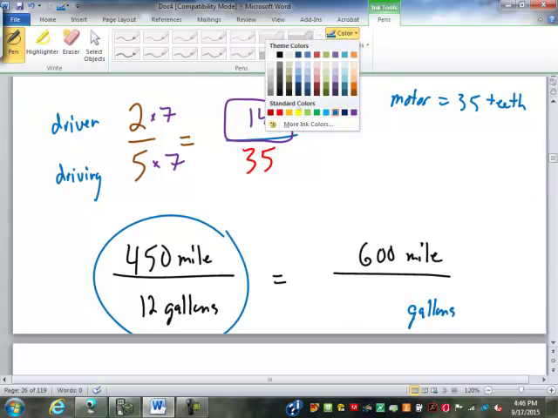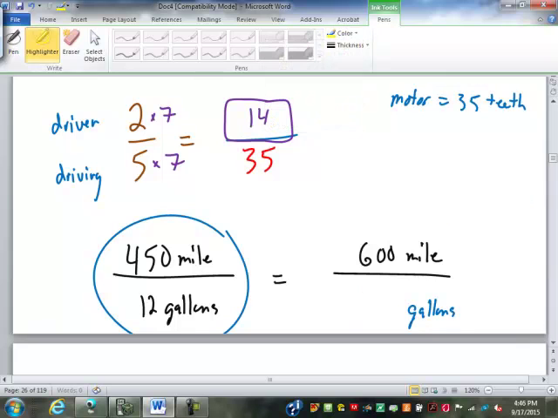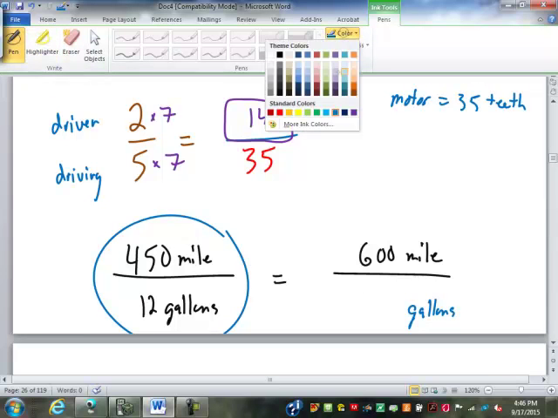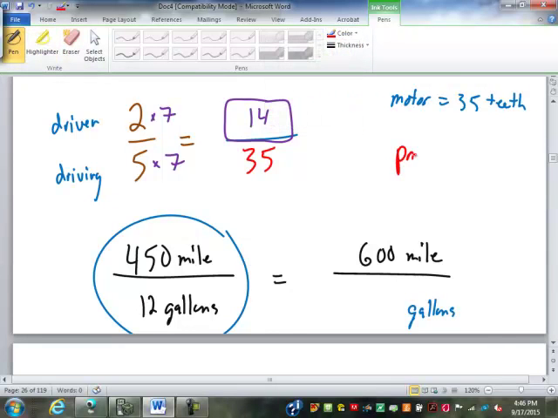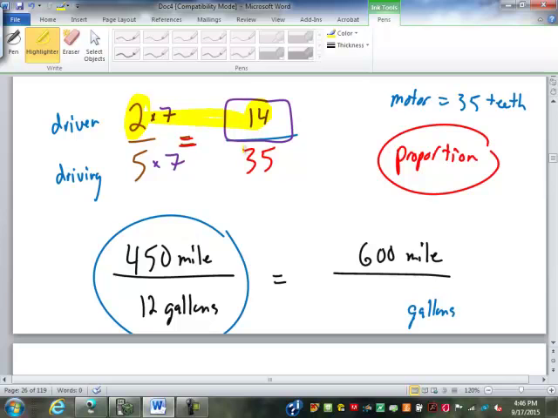Now, one thing you'll notice is that these are what we call proportions. A proportion is really just 2 fractions that are equal to each other. Those fractions can either both be rates or both be ratios. But in our proportions, things match up. The teeth in the driven gear was on top on both sides.